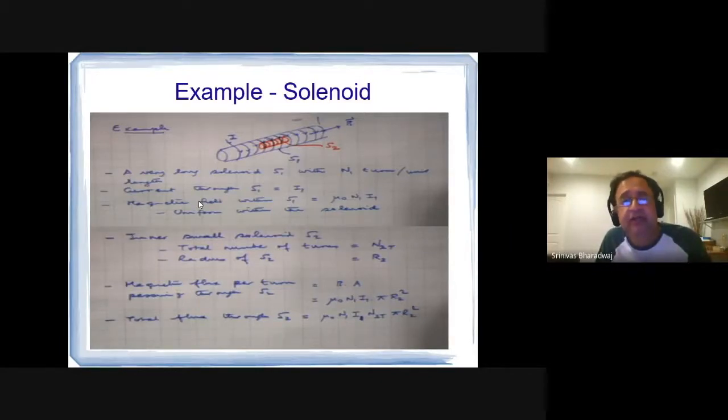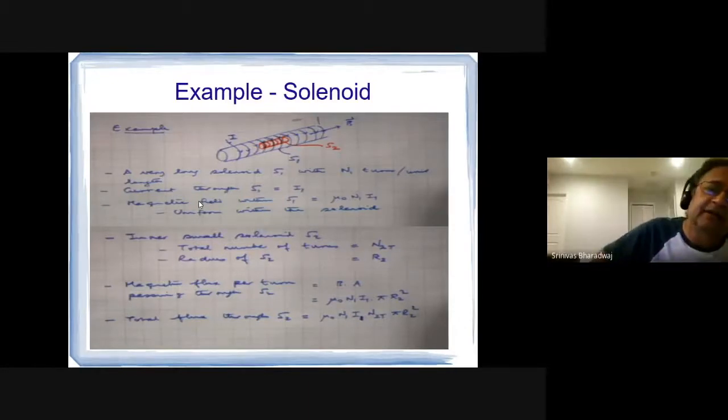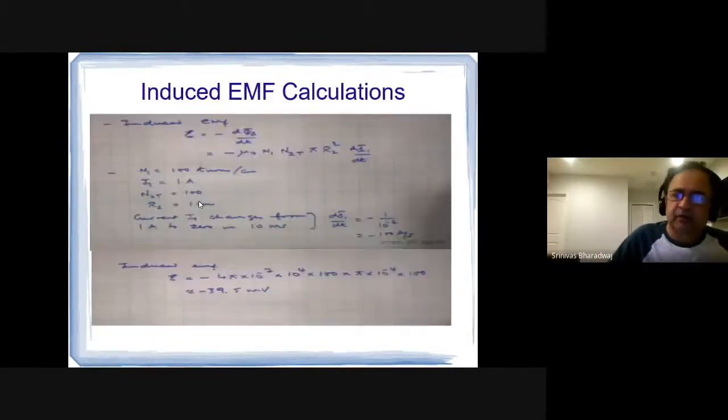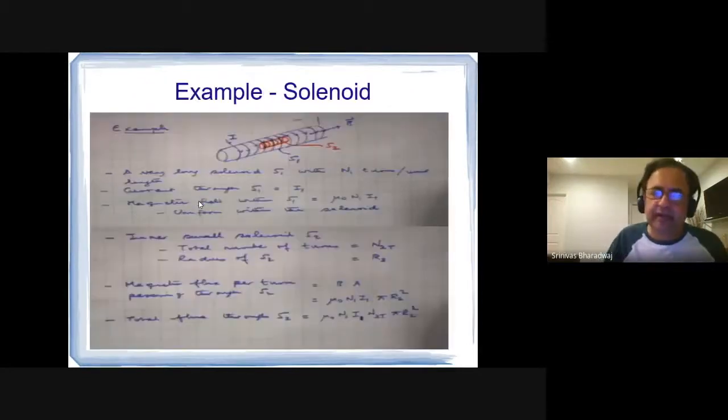The only thing you can change is the I, so you must change the current at a certain pace. When you change the current, you get di by dt, and so you end up with a changing, time varying flux, mu naught n pi r square times n times di by dt.